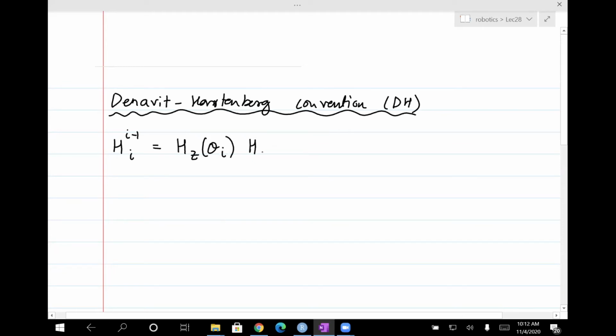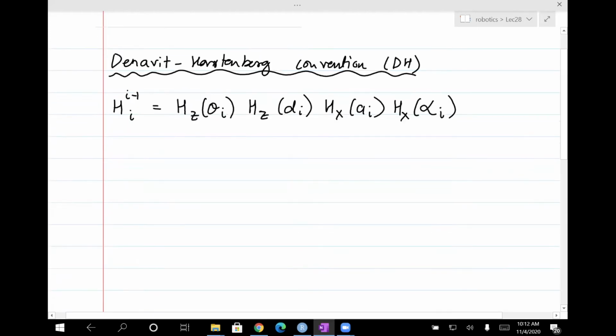Then a translation along the z-axis by distance d_i. Then a translation along the x-axis by a_i, and then a rotation about the x-axis by alpha_i. If you go back to the H I wrote down in my previous class, you can write down the formulas for these H's. It's pretty much the rotation and the translation put together in this special 4 by 4 form.